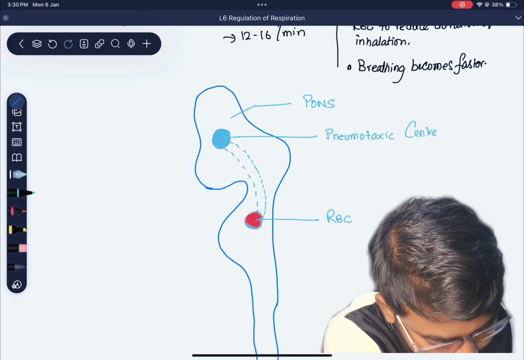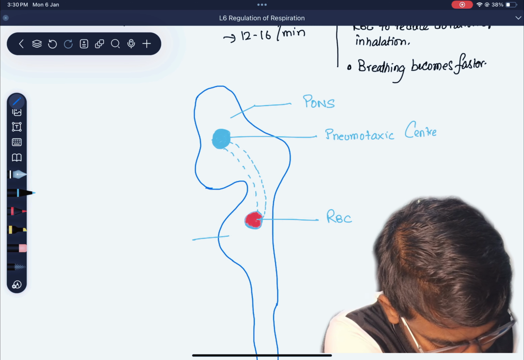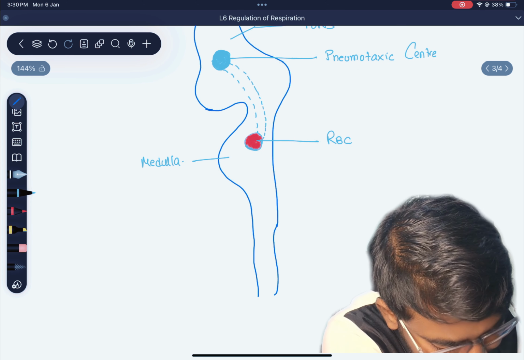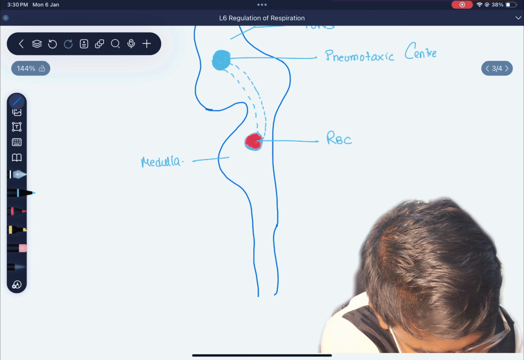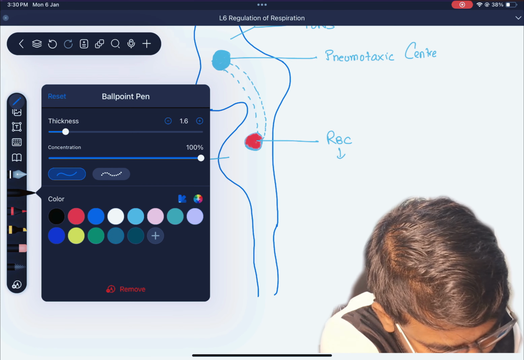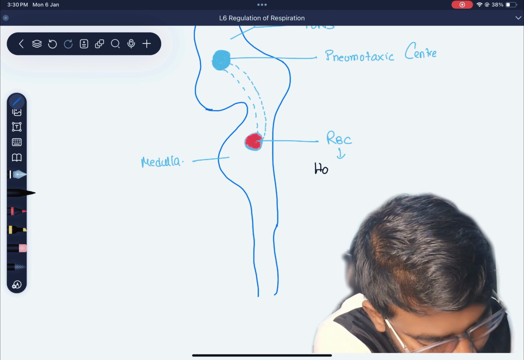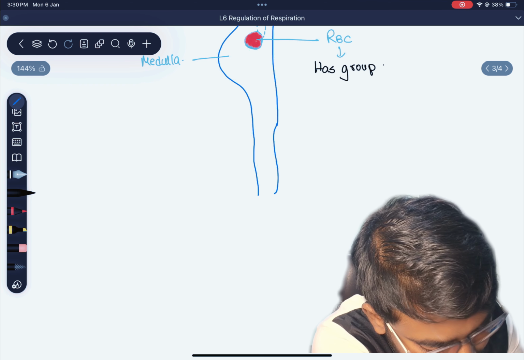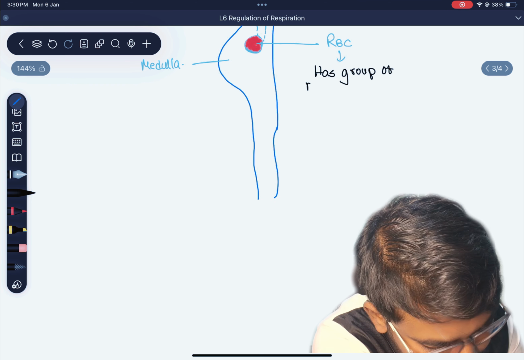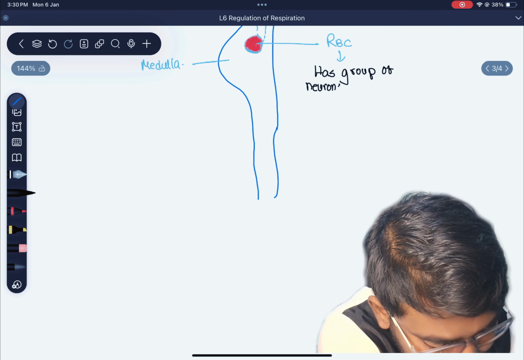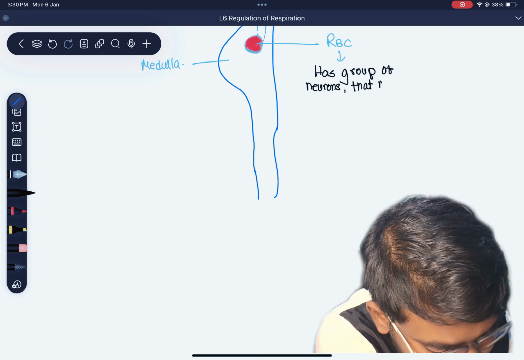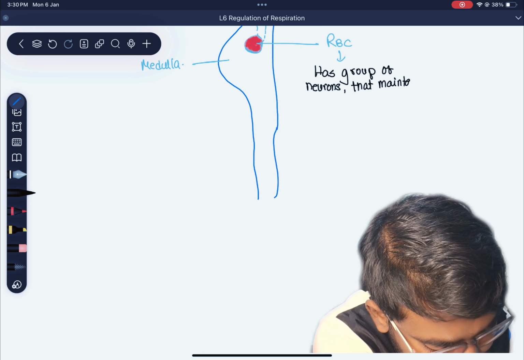This is the medulla. Okay. RBC has a group of neurons that maintains the rhythm of breathing.